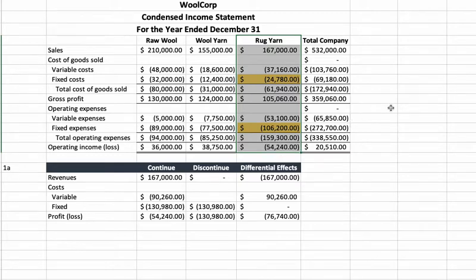So it's actually to my disadvantage to get rid of this segment, even though I'm posting a loss every single year. So this is one of the examples of performing a differential analysis. Again, you want to look at all of the things that changed.